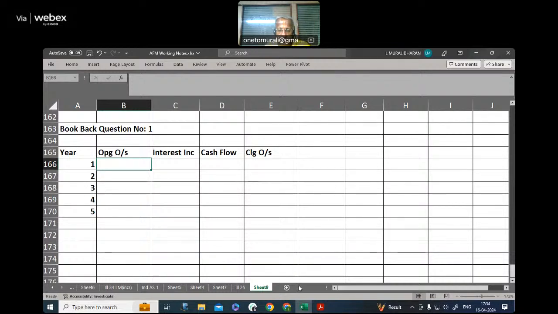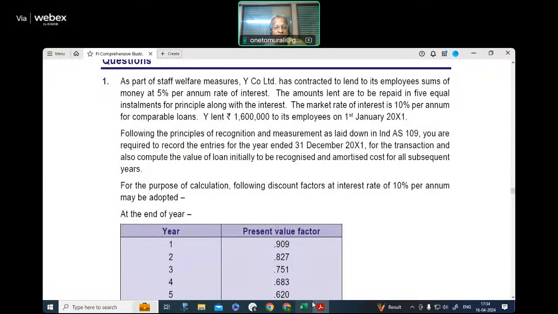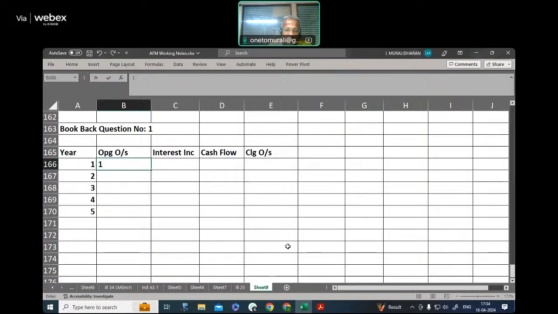So, computation of interest: for an outsider, they are not really worried about what you are doing as financial instrument or anything. So, 16 lakhs or 1.6 million. Interest is computed at the rate of 5%.